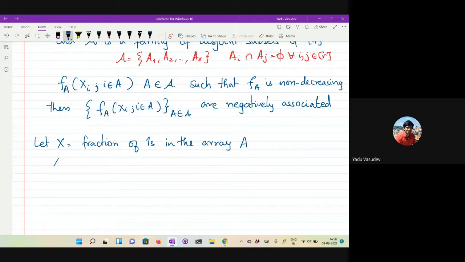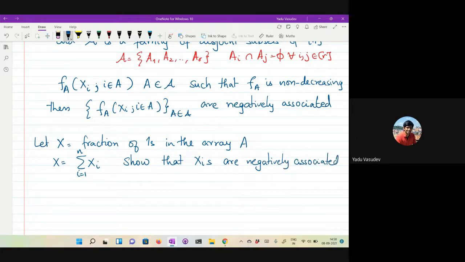So x I can write as the summation of xi, i going from 1 to n, right? And I want to show that the xi's are negatively associated. Then I can use the Chernoff bound and get a concentration result regarding the expectation of x.